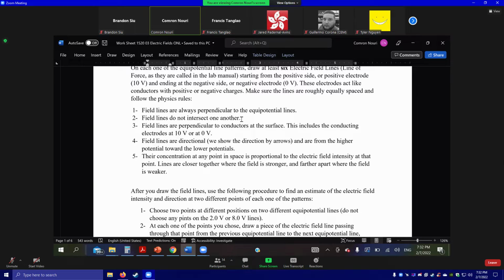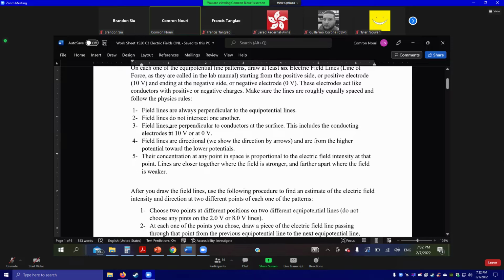That is another property that we didn't talk about here. If field lines intersect with each other, because the field lines are always along the direction of the force acting on the test charge, there will be two forces on a test charge. That's not possible. Field lines are perpendicular to conductors at the surface. Again, remember we said that the surface of a conductor is an equipotential surface.